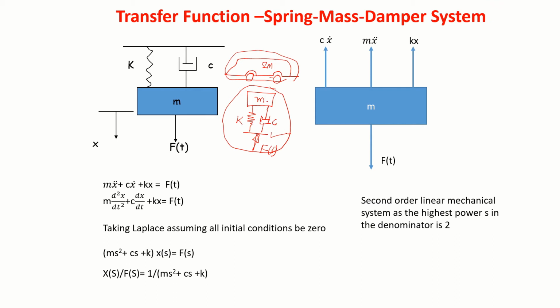The basic modeling elements are mass, spring, and damper. Mass stores kinetic energy, spring stores potential energy, and damper dissipates energy. This I have explained earlier. Let us write the differential equation for this. So this is the problem I have given.